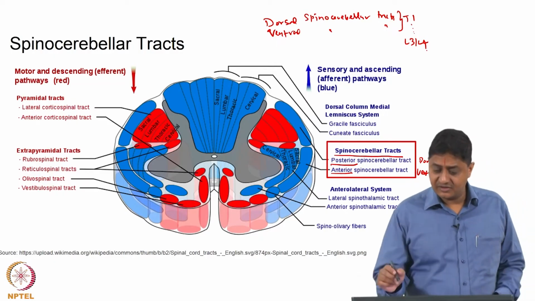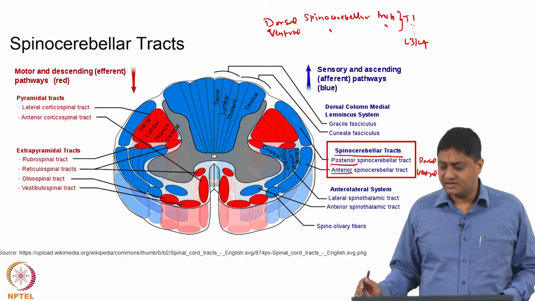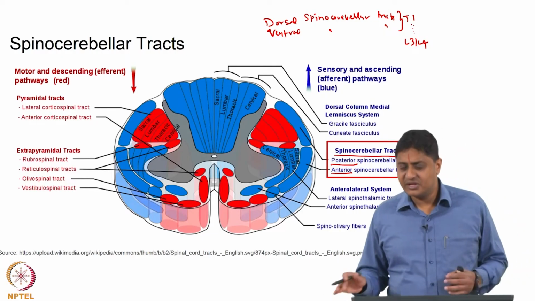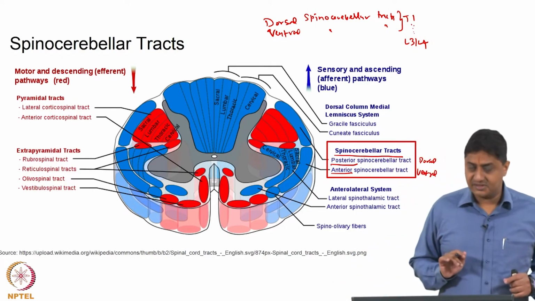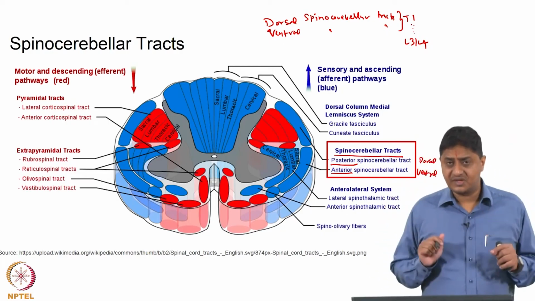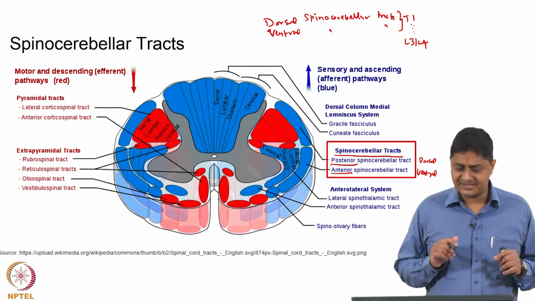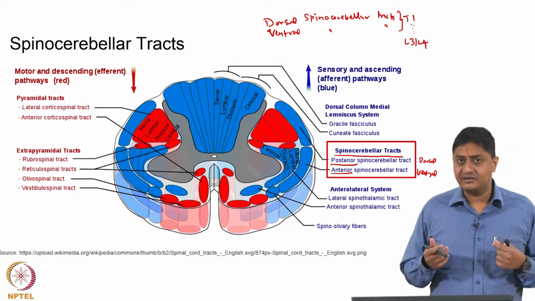So, if the dorsal and ventral spinocerebellar tracts start from T1 and continue until L3 or L4, basically they are bringing information from the thorax and parts below the thorax, for example, the hind limbs. What about the forelimbs and parts above the thorax, for example, the neck, hands and arms?